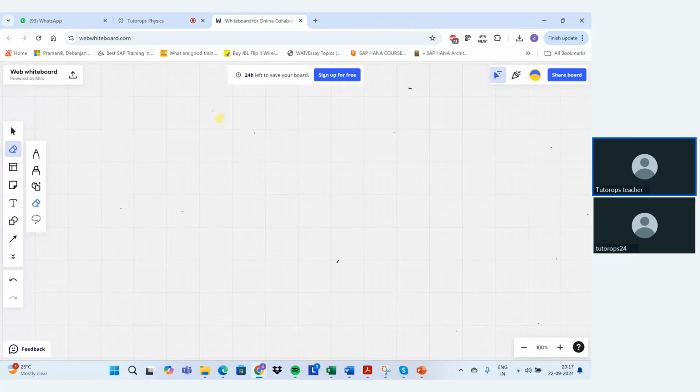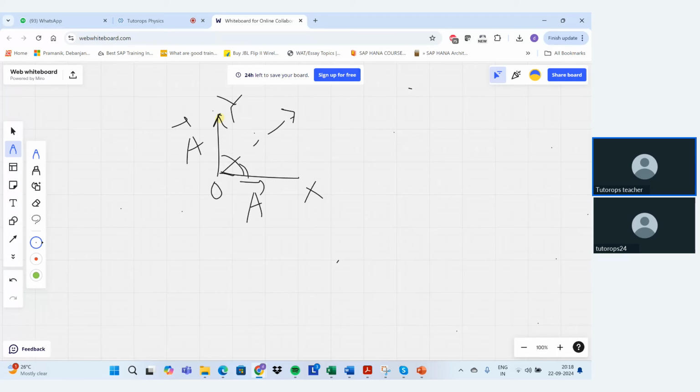For example, there are two vectors of equal magnitude, this is A and this is also A. This is my origin line OX, and this is OY. On the basis of whatever we have learned, what is the resultant vector? This has an angle of theta between the two vectors, and this is my resultant vector.